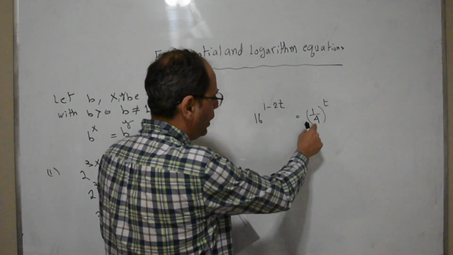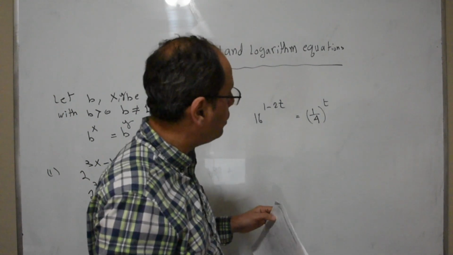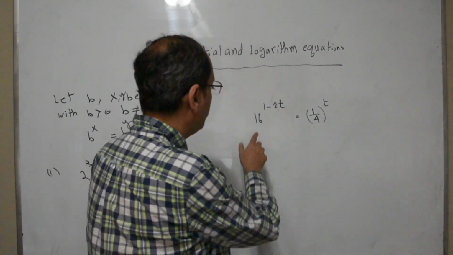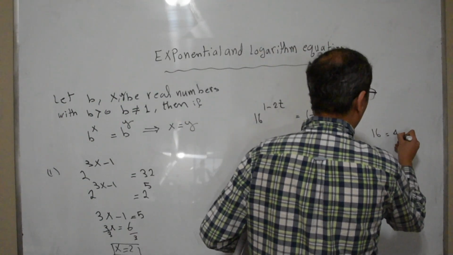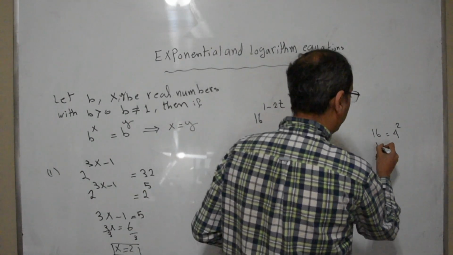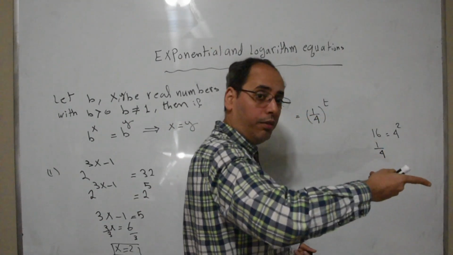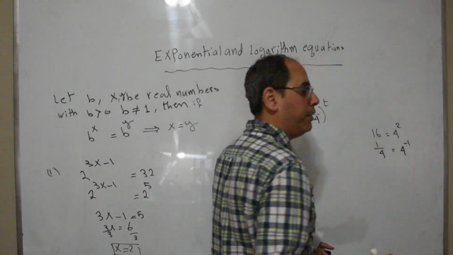But I know that we can rewrite both of these in terms of base 4. So 16 is 4 squared. And 1/4 is the reciprocal of 4, so that means it's 4 to the negative 1.